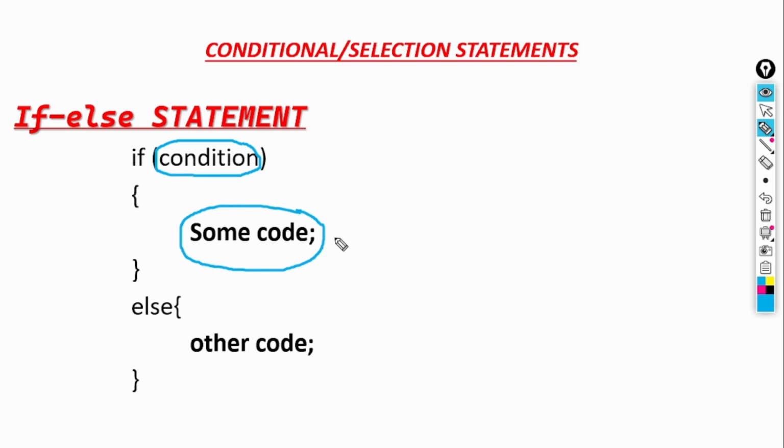That means this some code that I have written, a message for example, is actually the property of this if. Whenever the condition is true, this block will get executed. That is the property of if. Some code is the property of if. This will only get executed whenever the condition is true.